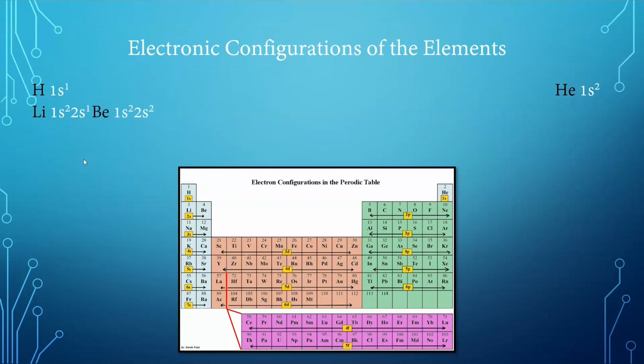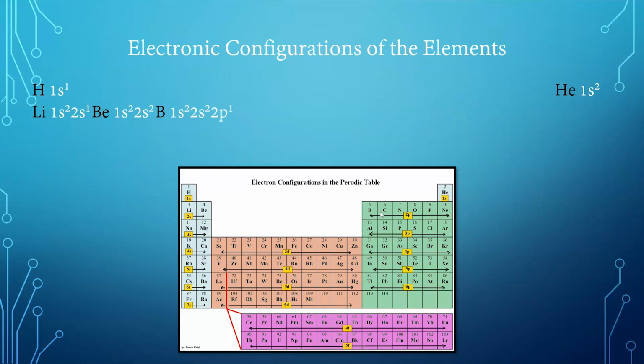If we move on to beryllium with 4 electrons, it's going to have everything lithium had but 1 more. So beryllium has 2 electrons in the 1s and 2 electrons in the 2s. When we jump over to boron, we're now going to enter the 2p block of the elements. So boron is going to add a 2p1. It's got 1s2, and then 2s2, and 2p1.